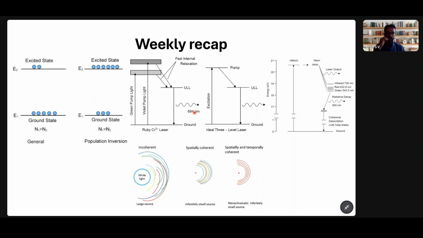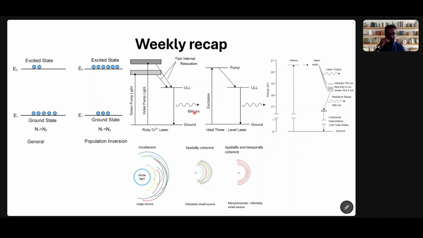We started with the 2-level laser, explaining the rates of excitation and emission using quantum mechanical phenomena, and concluded why a 2-level laser can't be as efficient as a 3-level or 4-level laser.